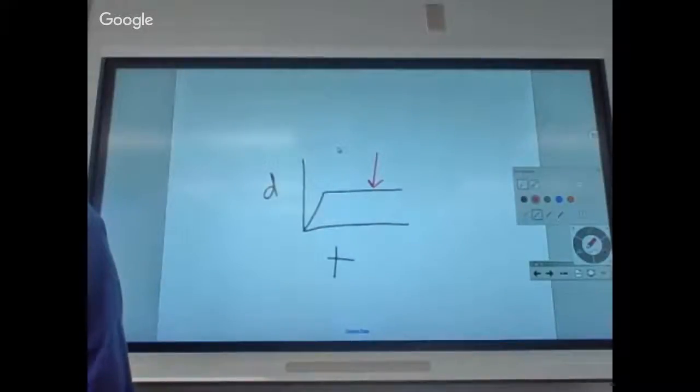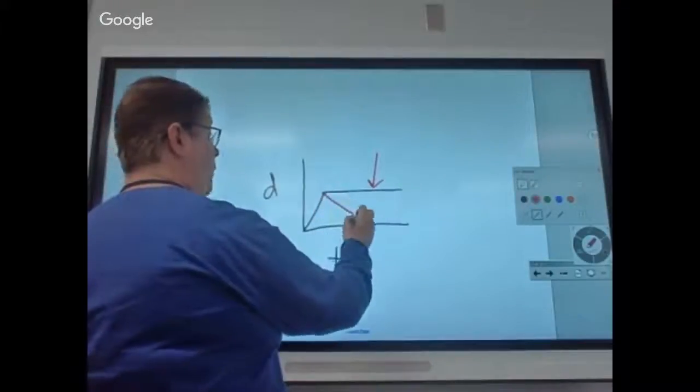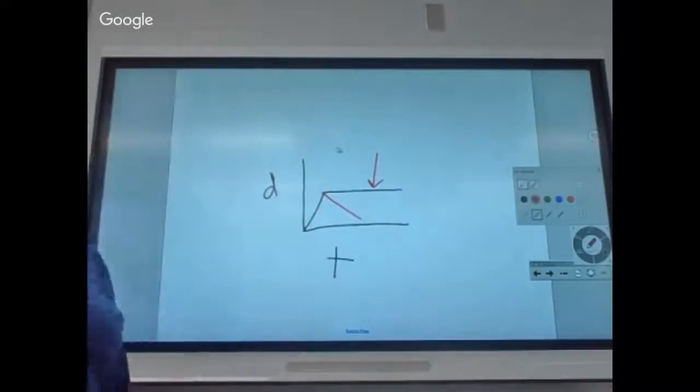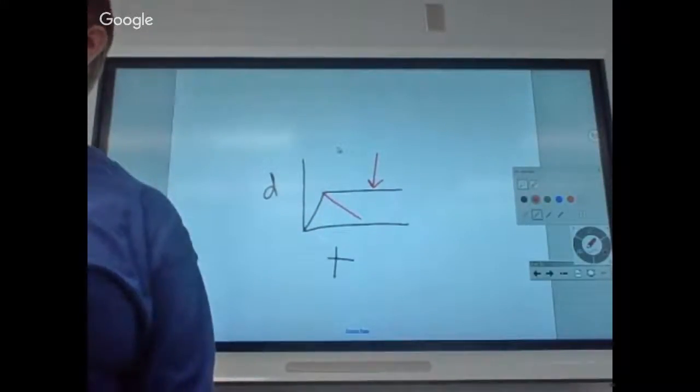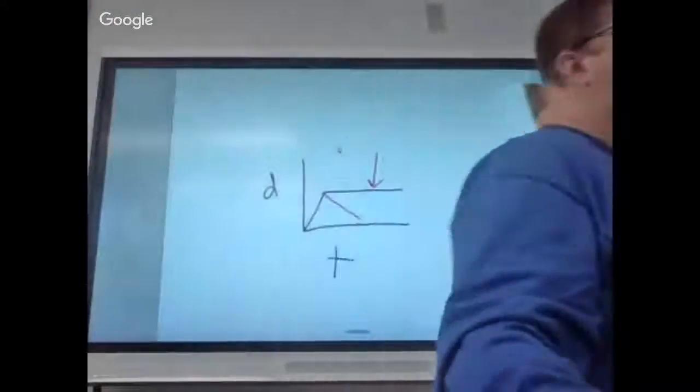But what did you just tell me you guys were doing? You were moving. You were slowing down, right? So what would your graph have to do if you were slowing down? It would have to go down, okay? You could have drawn it as a curve going down, but you had to do something to show the line was going down to get credit, okay? That was the piece you were missing.